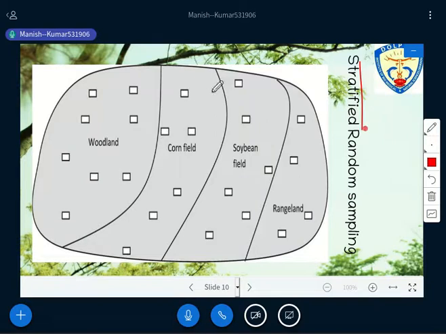As you look at there, is one area we have. So you are making this kind of strata. Woodland, meaning the forest, cornfield, soybean field, then rangeland, and then as per the proportion of whatever the area is, we need to select a sample by using this random sampling process. That is stratified random sampling. Is it okay? Have you got that?